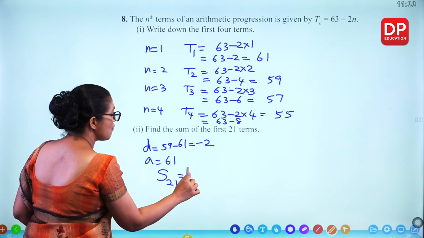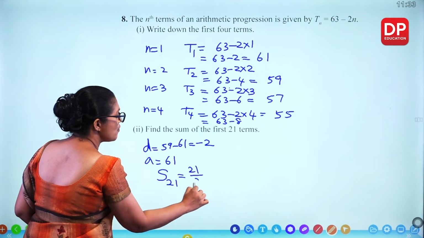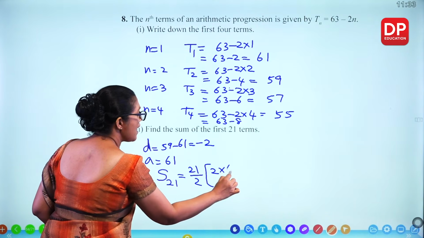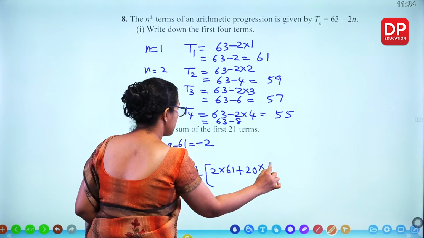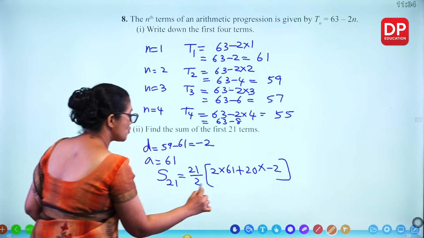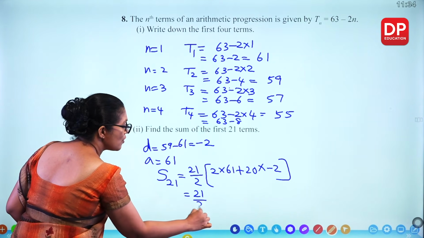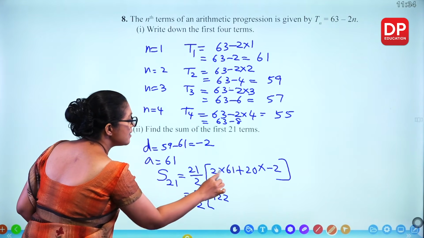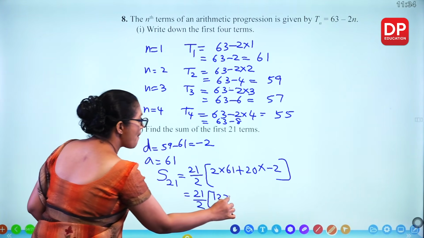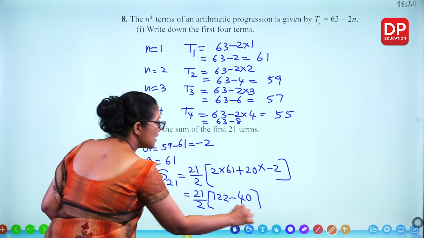Use the second formula. n over 2, 2a plus n minus 1, that's 20 times D. D is minus 2. 21 over 2, 2 times 61, you get 122 minus 40.